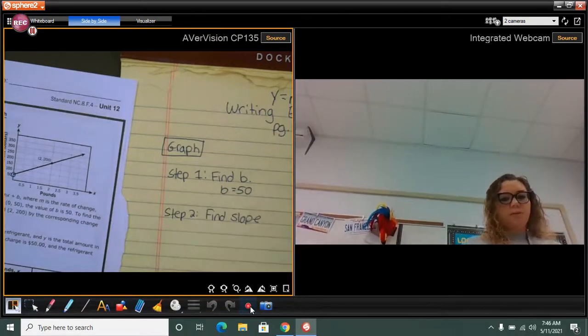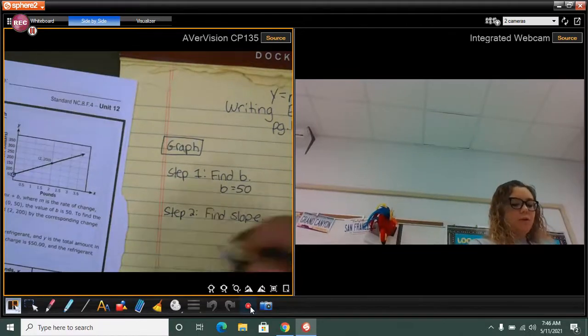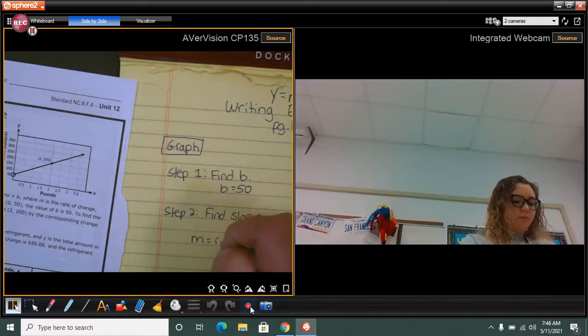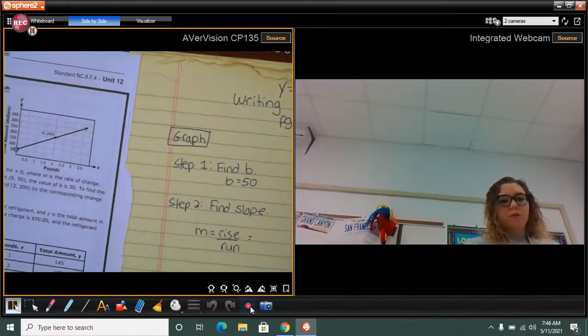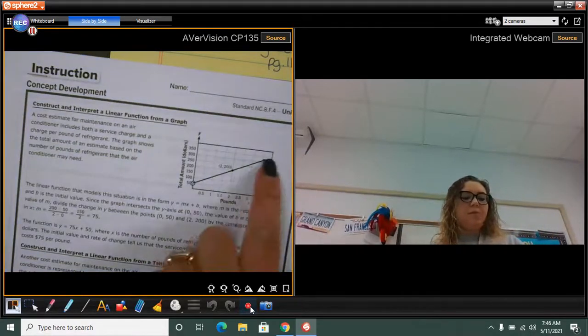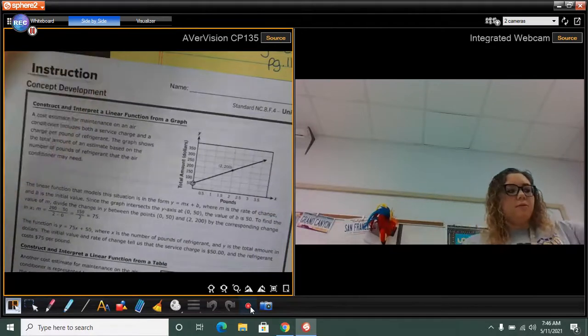Okay, remember, slope. If we're given a graph, we want to use rise over run, which we talked about Monday. So am I going to have a positive slope or a negative slope?